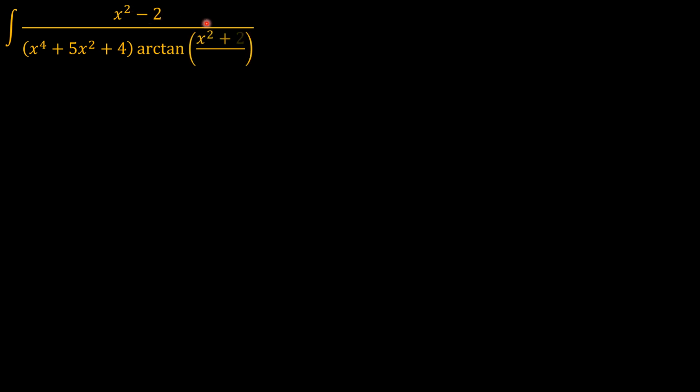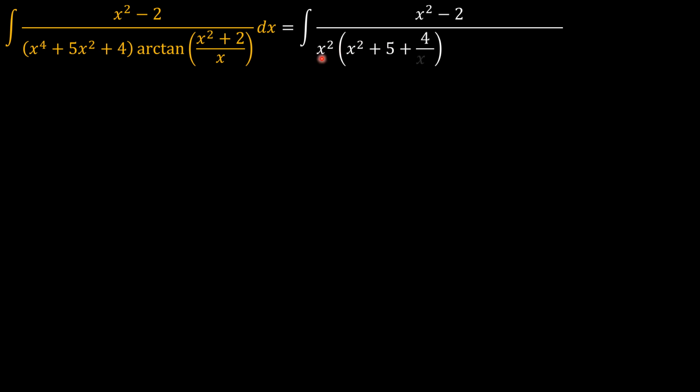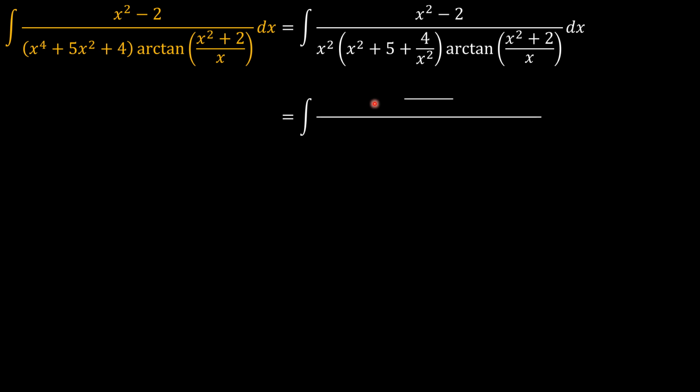First thing I would do is look at the denominator and pull out the x squared, because I look at x squared minus 2 and I see the derivative of the argument of the arctangent function. So when I pull the x squared out, and now allow it to interact with the numerator so that we have x squared minus 2 over x squared, what comes out of it is very interesting.